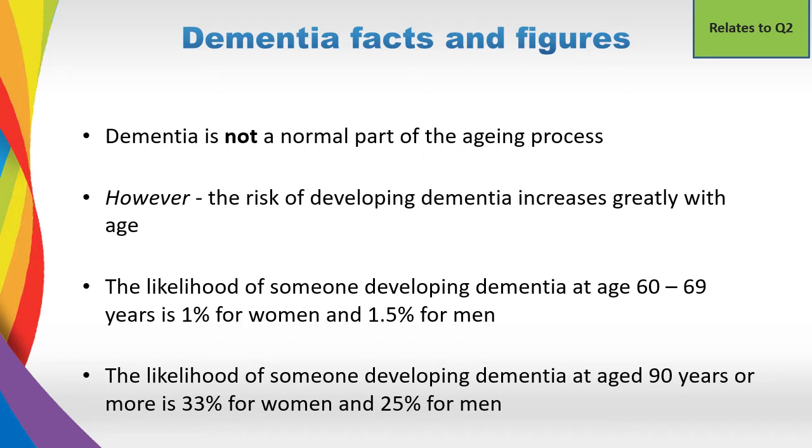So there are some changes there. But what is really important for you to remember as part of this unit is that dementia is not a normal part of ageing. So just because people are over 90, it doesn't mean they'll all get it. It'll be 1 in 3 women will get it and 1 in 4 men will get it.